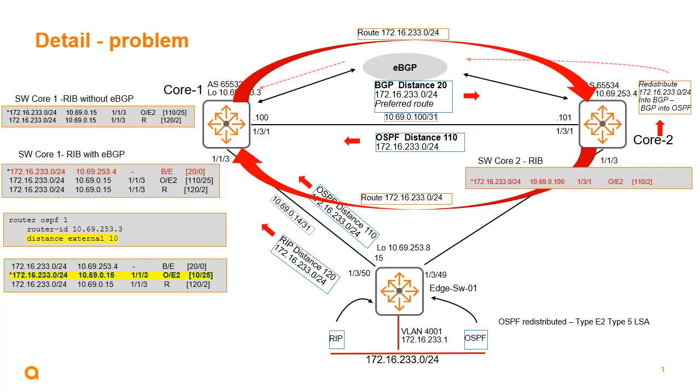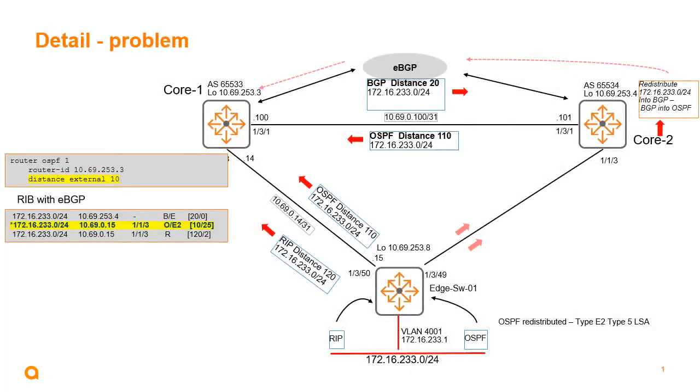You can see now, once we've done that, the route table is clean on core 1. Don't forget the admin distance is only locally significant. To summarize, our routing loop now disappears because we've changed the admin distance on core 1 using the distance external command under the router OSPF process.